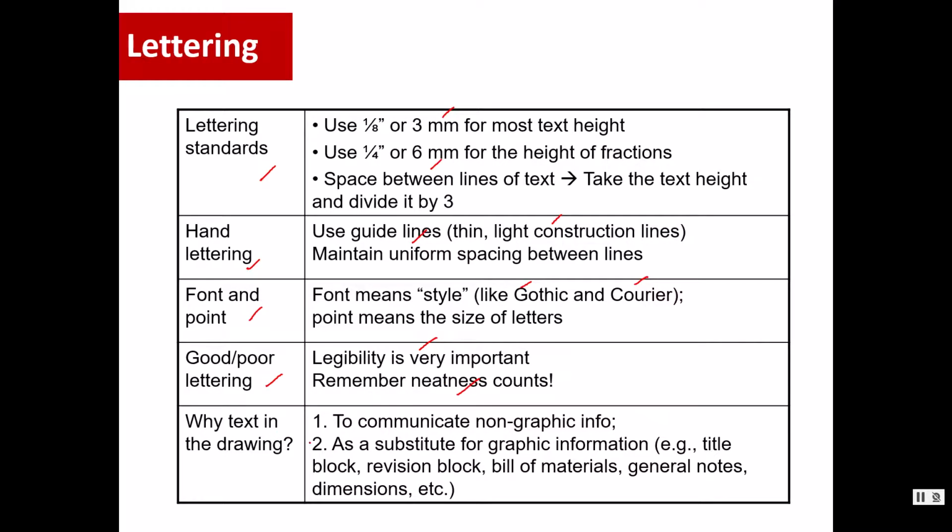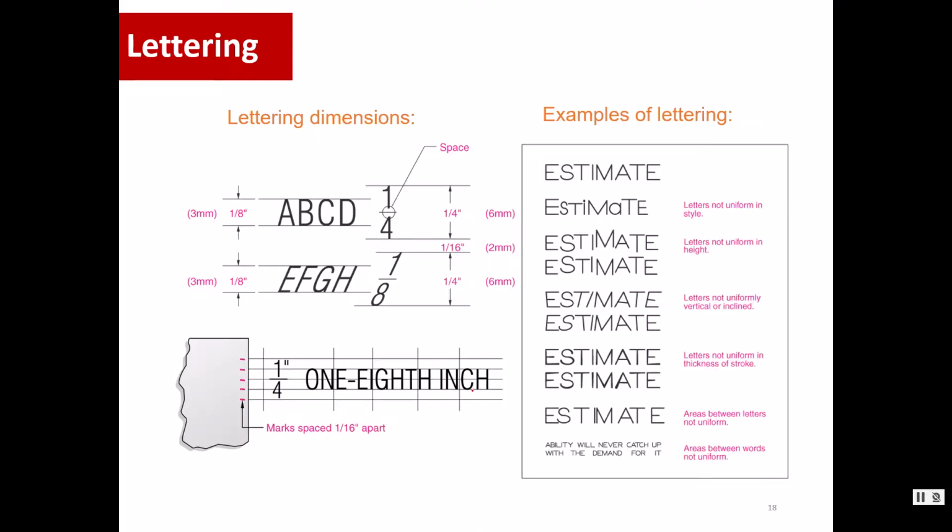So why text in drawing? Why do we have to put text in drawing? One reason is to communicate non-graphic information, such as the materials of the object, and as a substitute for graphic information, such as the title block, revision board, bill of material, general notes, dimensions, and so on. So that's the purpose of having text in the drawing.